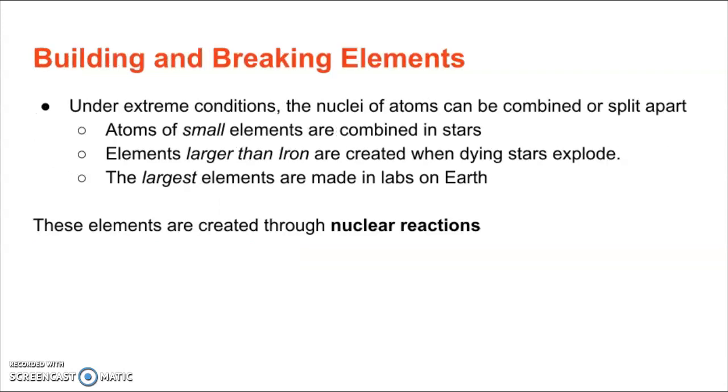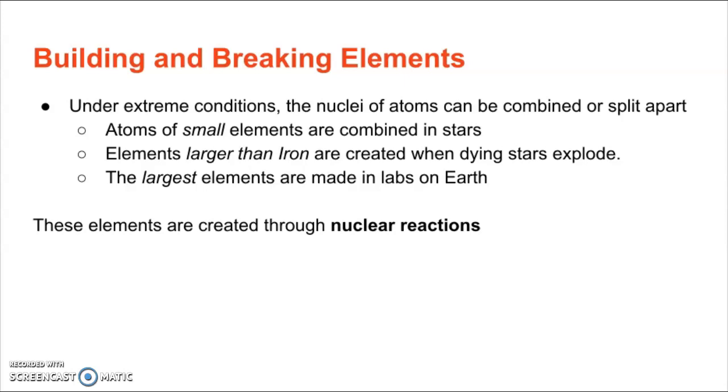To begin, nuclear reactions are the breaking and the building of elements. Under extreme conditions, the nuclei of atoms can be combined or split apart. Atoms that are small are combined in the stars.